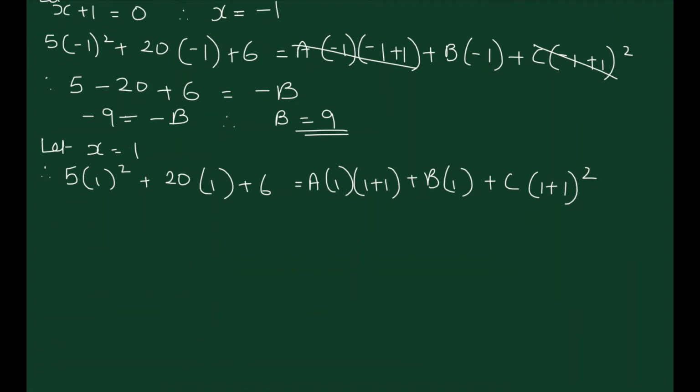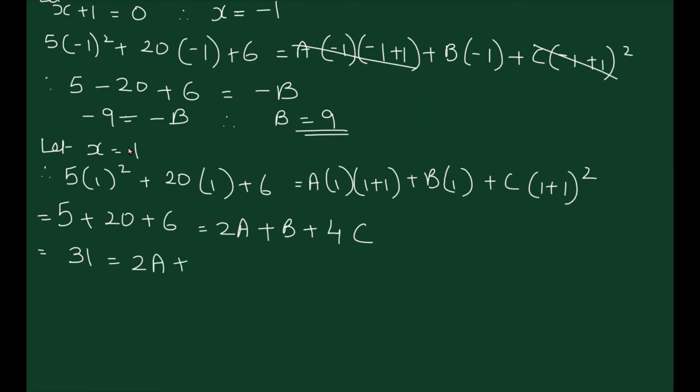Then in the next step we get 5 plus 20 plus 6 is equal to, now 1 plus 1 is 2, so 2a plus b plus 4c, and therefore 31 becomes 2a plus b, the value for b is 9 plus the value for c is 6, which we got earlier. So this becomes 4 6 are 24 and therefore 2a is equal to 31 minus 33. Okay, and therefore a becomes minus 1.